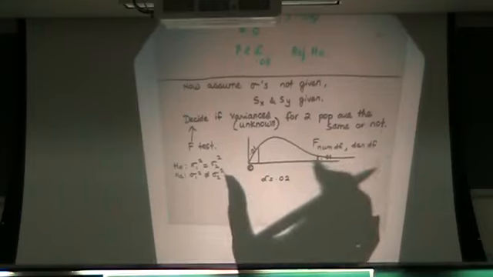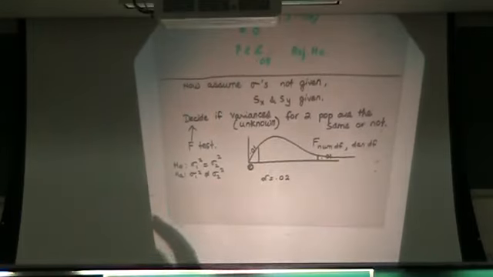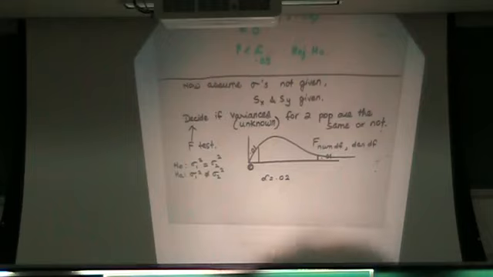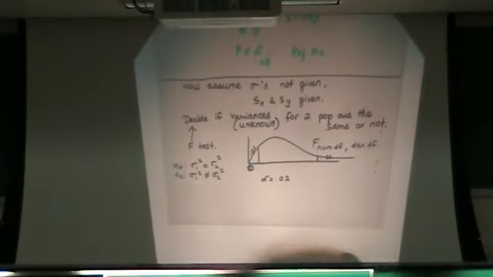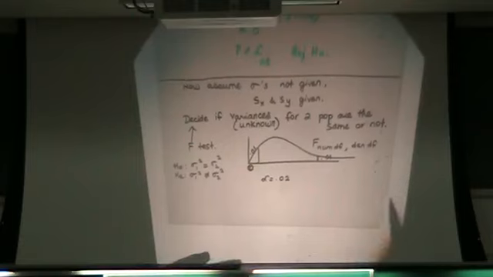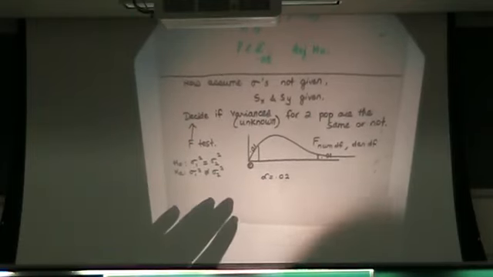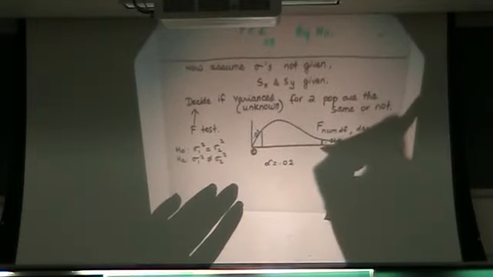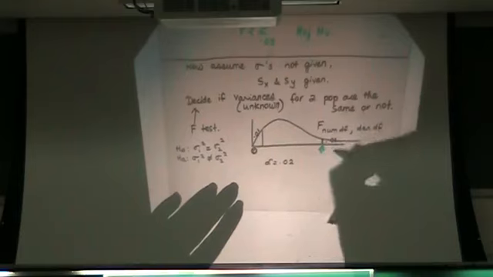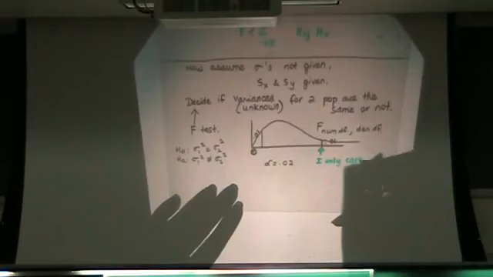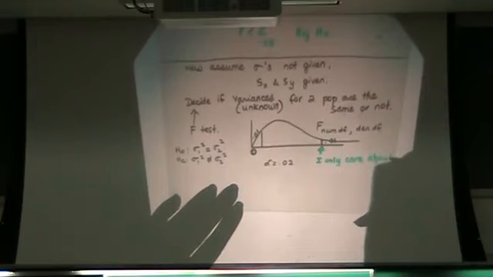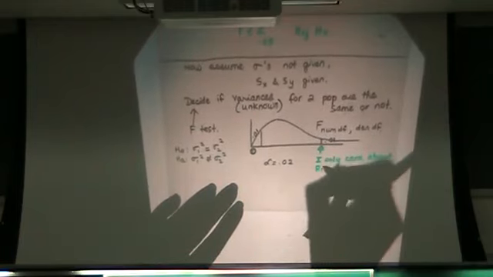And since this is not a symmetric distribution, the two areas are the same, but they look different in the picture, right? But they're still 0.01 and 0.01. Now, very important to notice that this is the only one you care about. I only care about the right critical value.